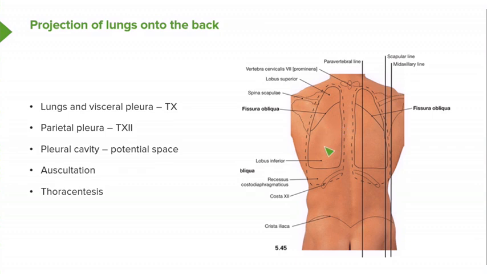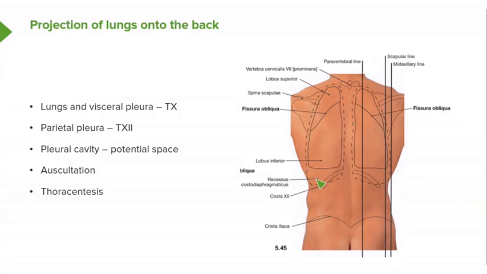And then if you come down well below the spine of the scapula, here or here, you can then clearly listen to lung sounds that are emanating from the inferior lobes. It's also useful in performing a procedure called a thoracentesis.